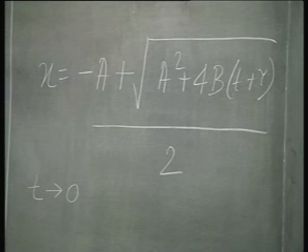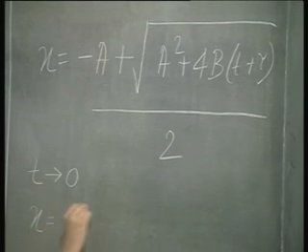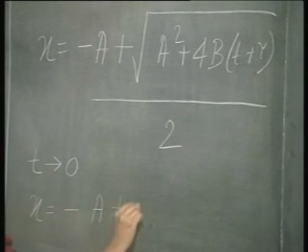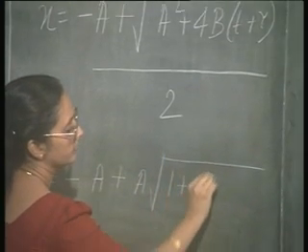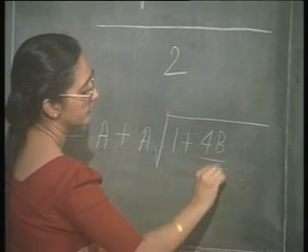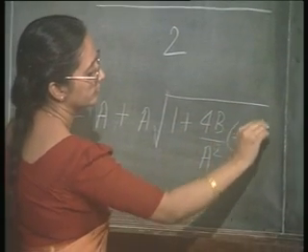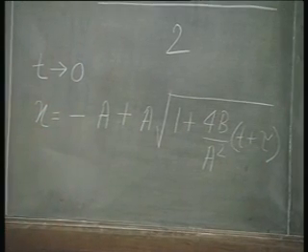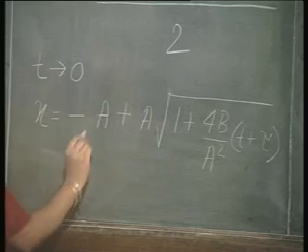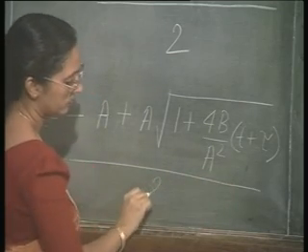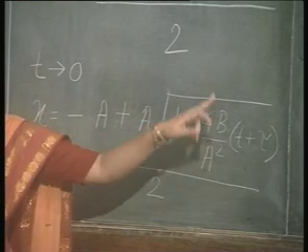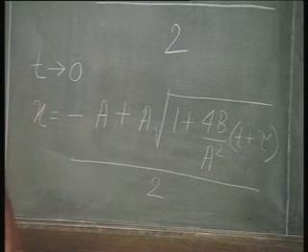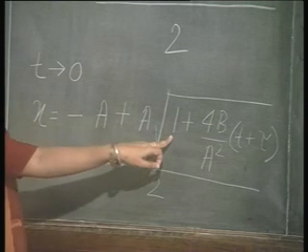If I write x as minus A plus the square root, and t is tending to 0, then under this square root the second term is much smaller than the first term, that is 1.